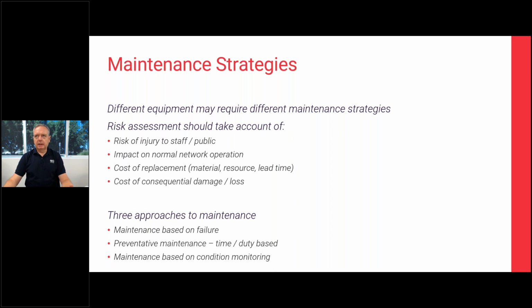Now let's step back and take a brief overview of the different maintenance strategies. Different equipment on networks may require different strategies, and generally people will do a risk assessment, taking into account the risk of injury to staff or to the public if people get access, the impact on the network operation, the replacement costs, material and lead time, and the consequential damages or losses.